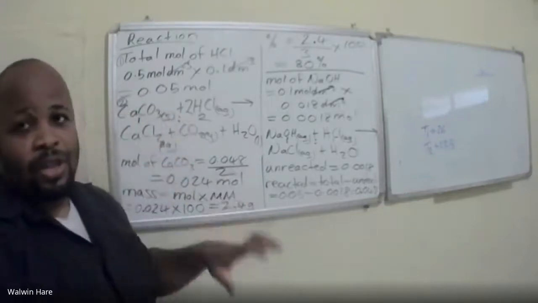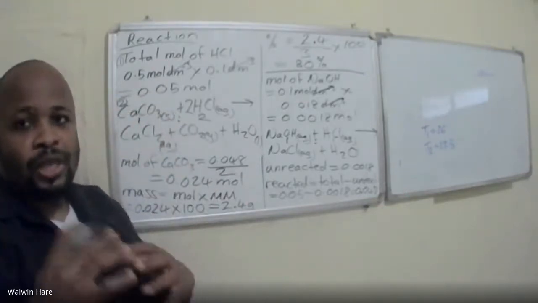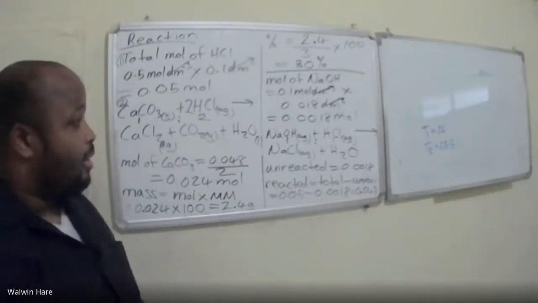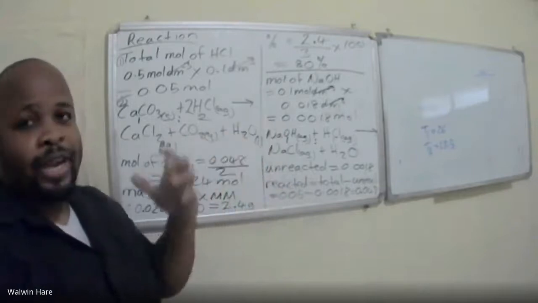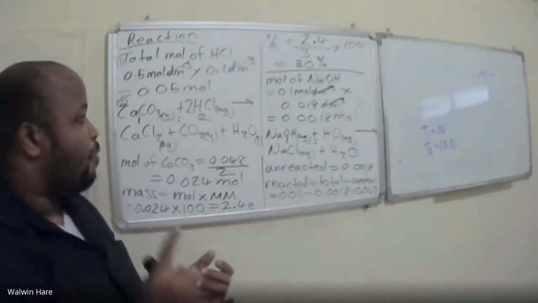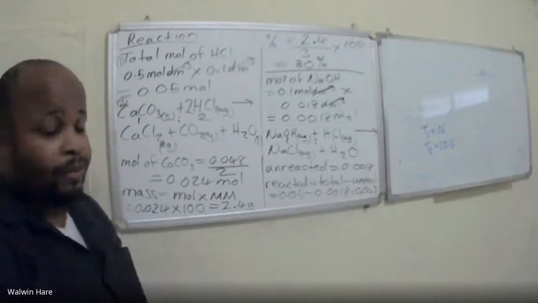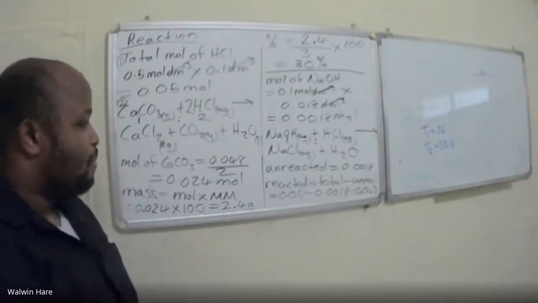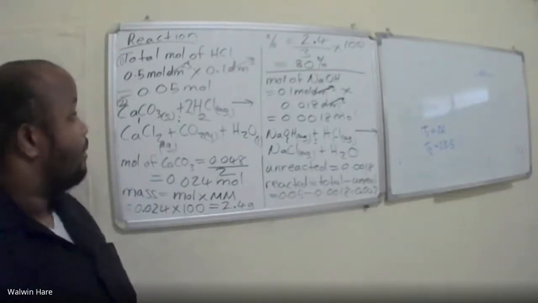Now, I told you that the unreacted HCl was used in a titration, right? And in that titration, it was used with sodium hydroxide. I gave you the volume of sodium hydroxide and the concentration.